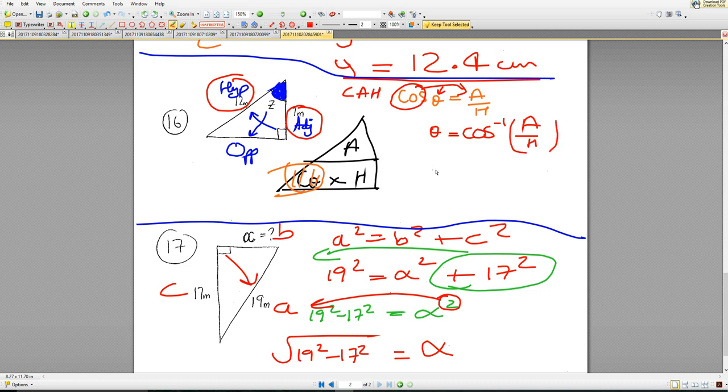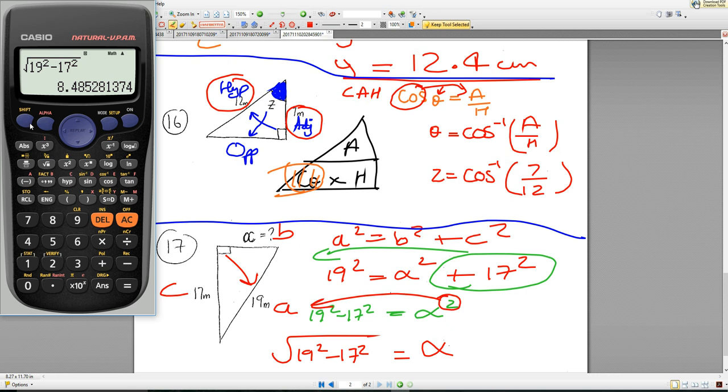So the angle actually here is really Z. So it's cos to the minus 1 of the adjacent, which is 7, divided by the 12, which is the hypotenuse. We grab our calculator, we press shift, cos, press the fraction button, 7 on top, replay, 12 on the bottom, replay again, close the bracket, and that gives us an answer of 54.3146659, which is the same as 54.3 to 1 decimal place.